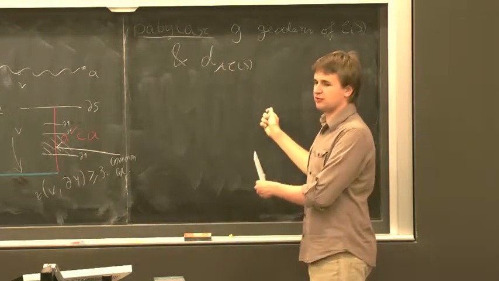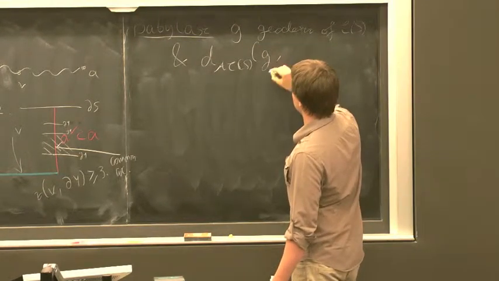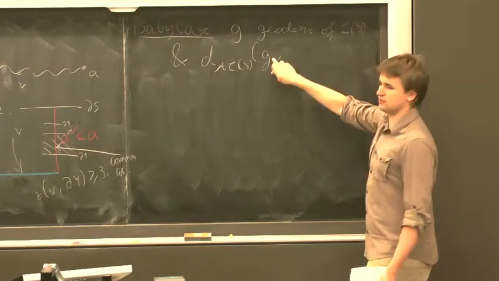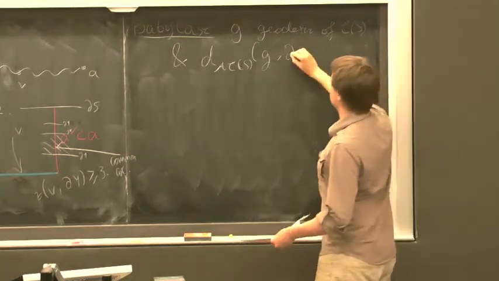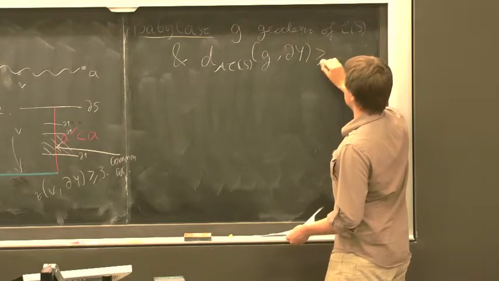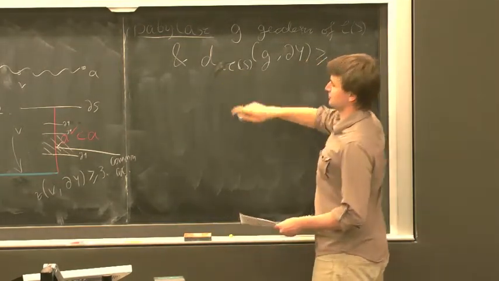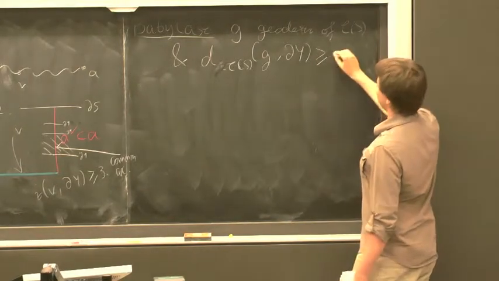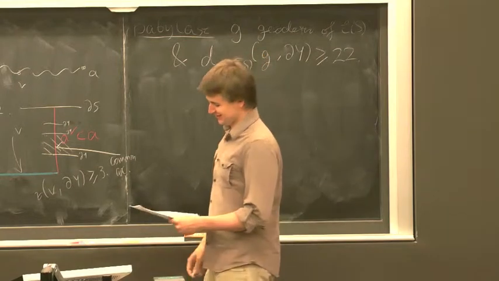But also I want to assume the following. So we're getting into the proof now. Suppose the smallest distance from a point on the geodesic to the boundary of Y is at least, actually suppose it's at least 22, for reasons which we'll soon get to.